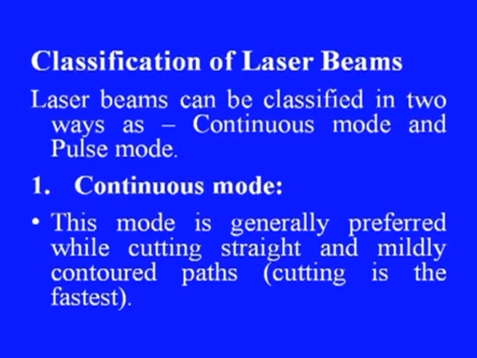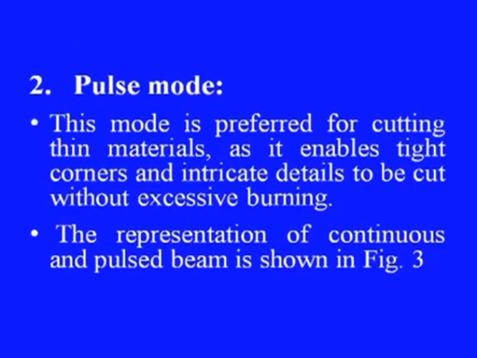Cutting is the fastest. And number two, pulse mode. This pulse mode is preferred for cutting thin materials, as it enables tight corners and intricate details to be cut without excessive burning. The representation of continuous and pulsed beam is shown in figure 3.